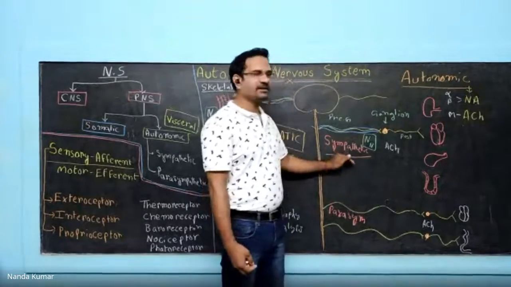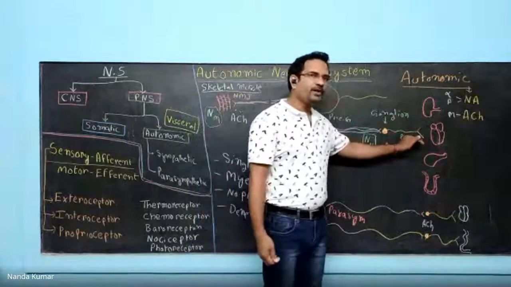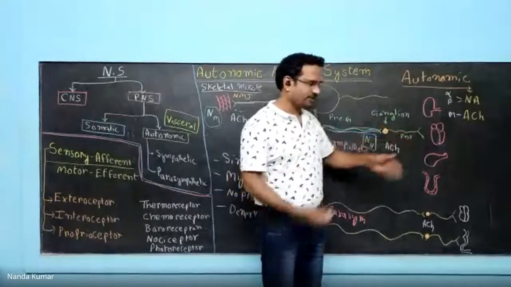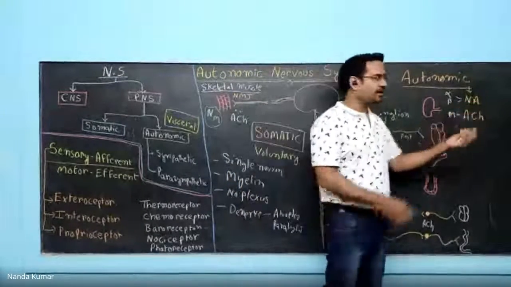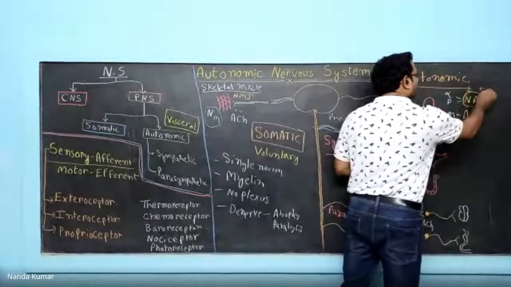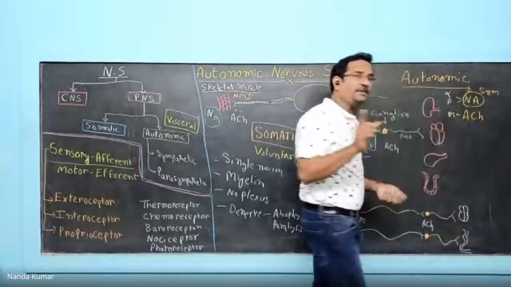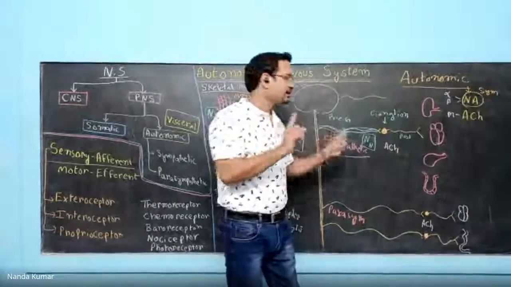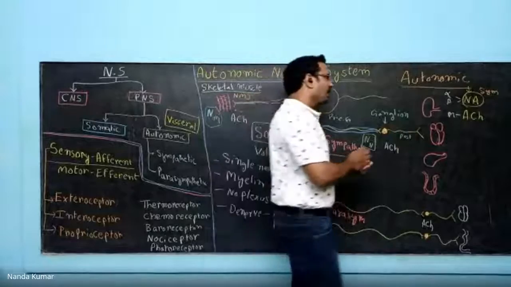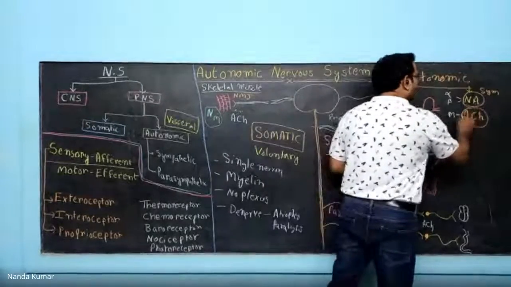Now, in the sympathetic nervous system, the neurotransmitter released in the majority of cases is noradrenaline. In the majority of cases, not 100%. I'll tell you the exception. In the parasympathetic system, in all cases, the neurotransmitter is acetylcholine.